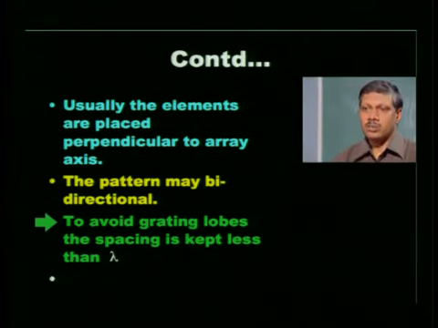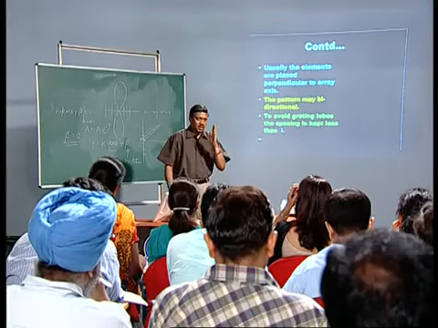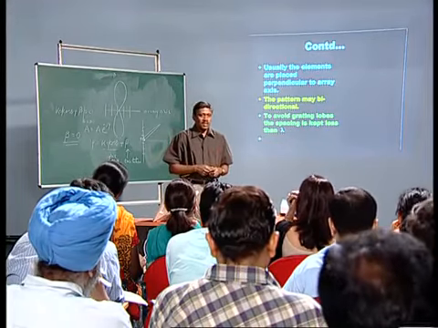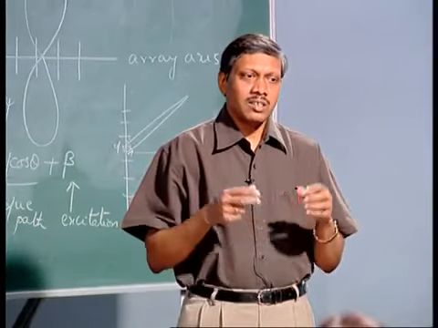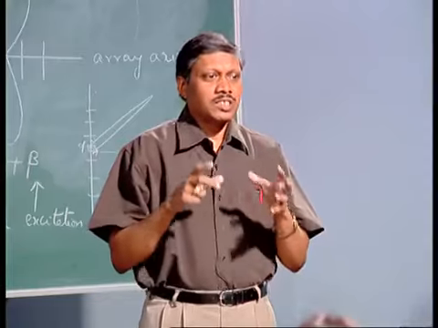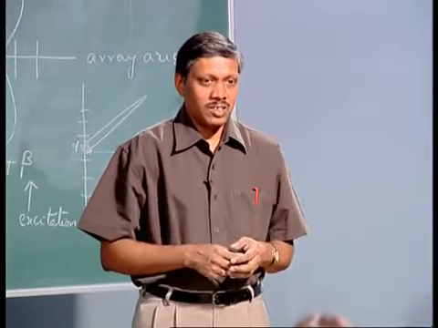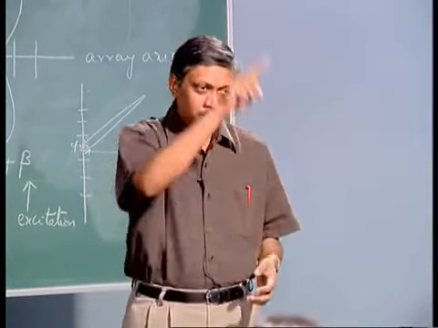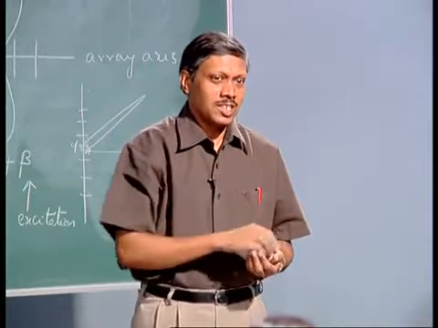What do you mean by grating lobes? Already I have explained major lobe, minor lobe, back lobe, all those things we have discussed in your class. Grating lobes are the minor lobes which almost all have the same amplitude as the main lobe. That means you get multiple maxima, like the pattern which you saw in my initial slide.